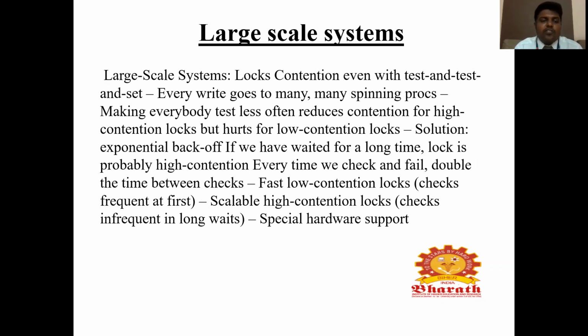So the solution is exponential backoff. If we have waited for a long time, the lock is probably high contention. Every time we check and fail, double the time between checks. For fast low-contention locks and scalable high-contention locks, special hardware support is needed.